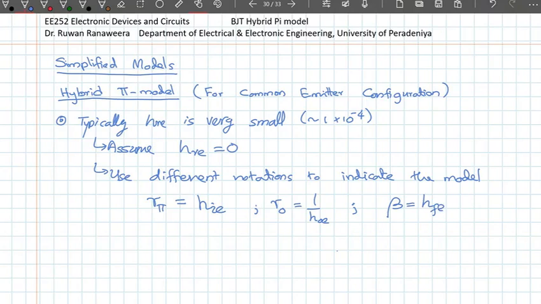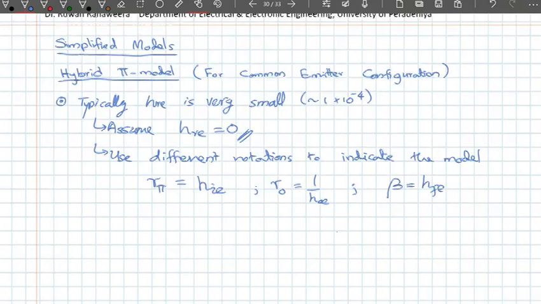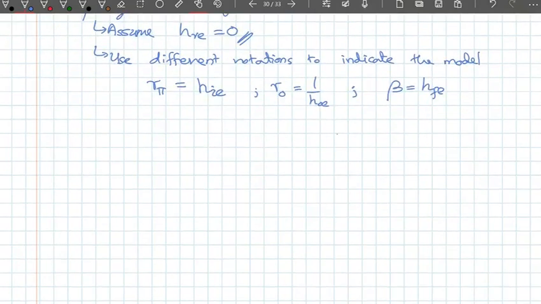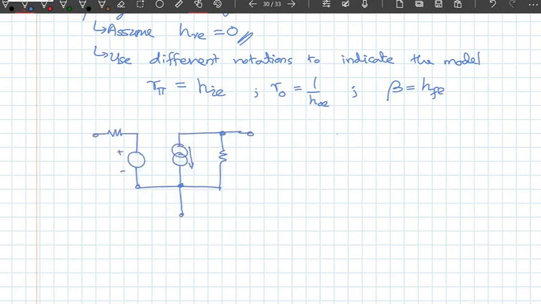So if you draw the new model with these, basically without HRE we will have only 3 parameters. Let's start with the original H parameter model. Let me draw it here. So we had HIE, and these are terminals, base, collector and emitter.